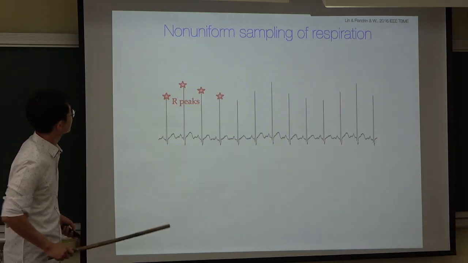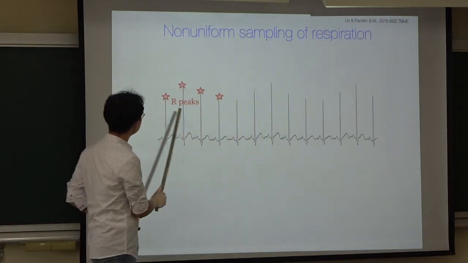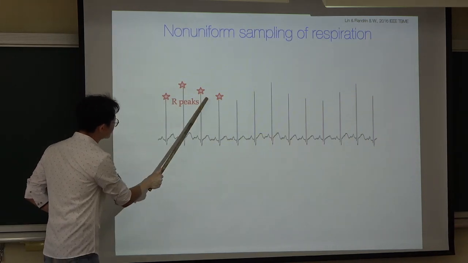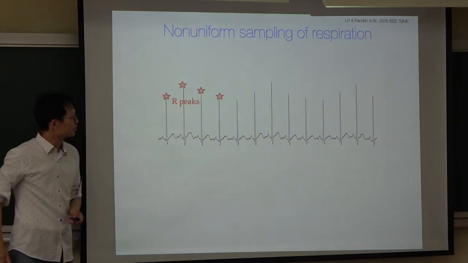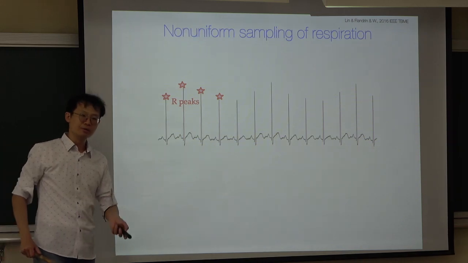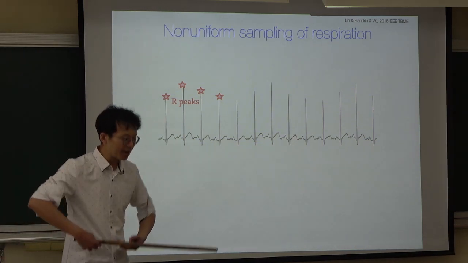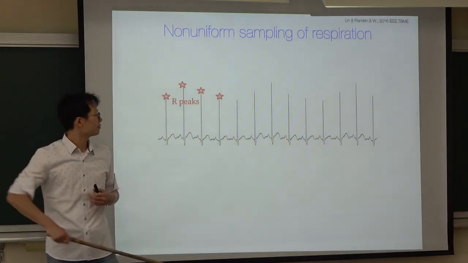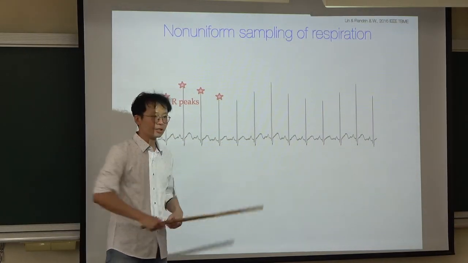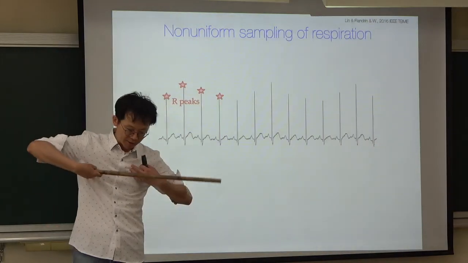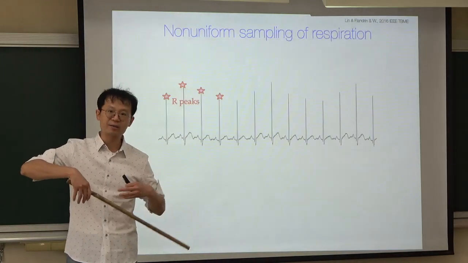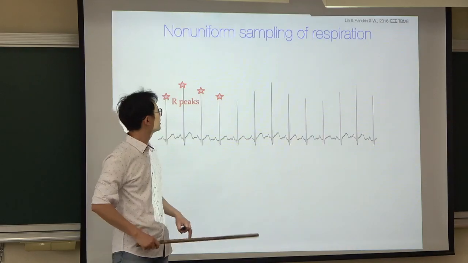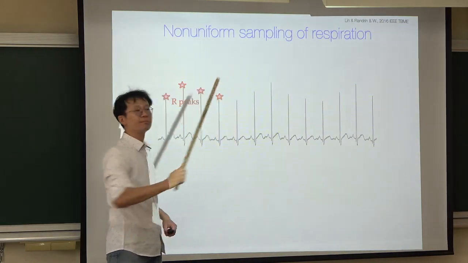Another example is about respiration. Again, you have R peaks. And the height, as we discussed in the previous lecture, reflects your respiration. When you inhale, your chest is full of air so that you have a lower magnitude. But when you exhale, your chest has less air and hence a lower impedance, so that you have a higher magnitude.